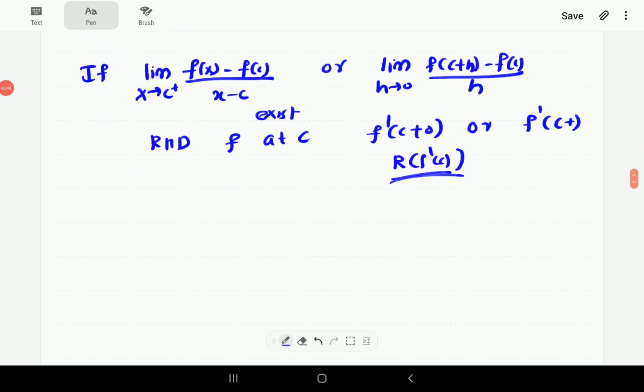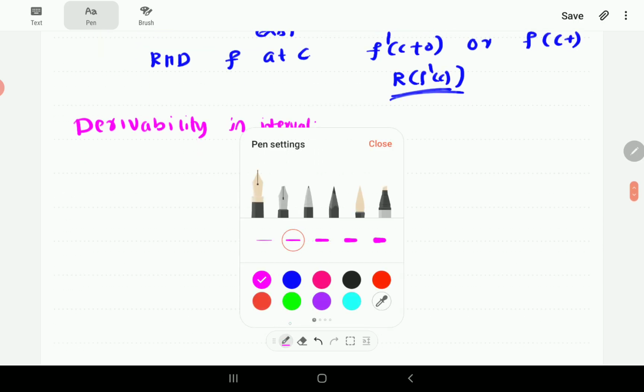All right, now the next thing is, when we want the derivability in an interval, how do we define derivability in an interval?